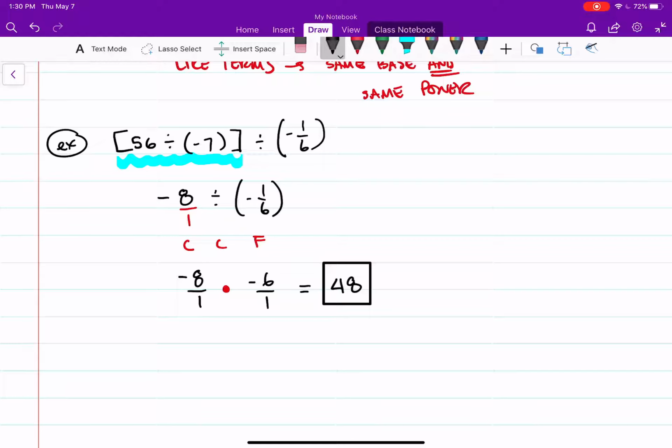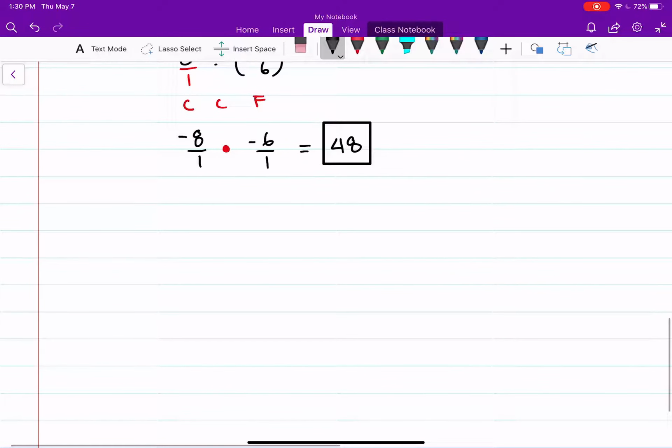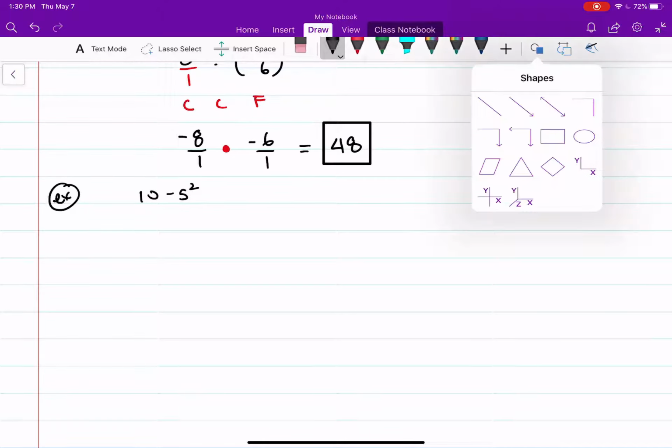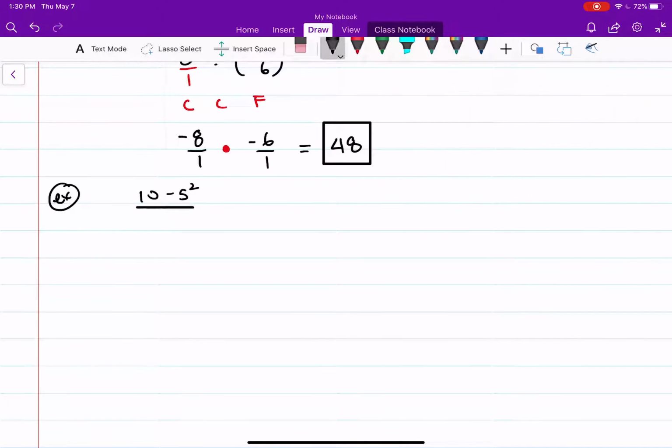So let's do another problem. Another example is this. All right, so we got 10 minus 5 squared over 2 squared plus 4 squared.